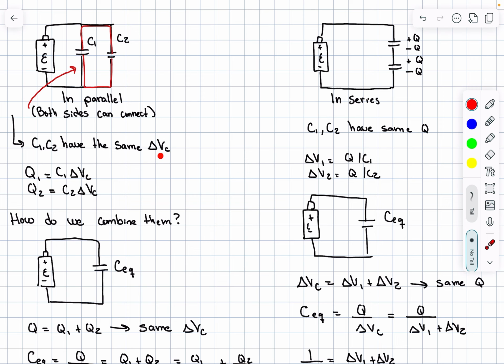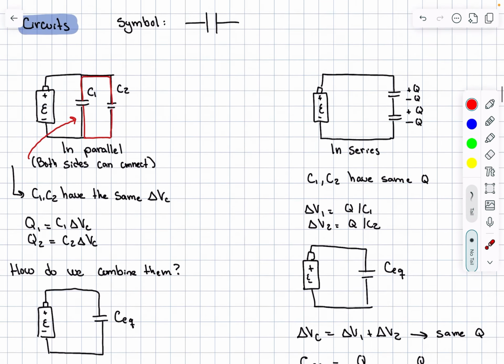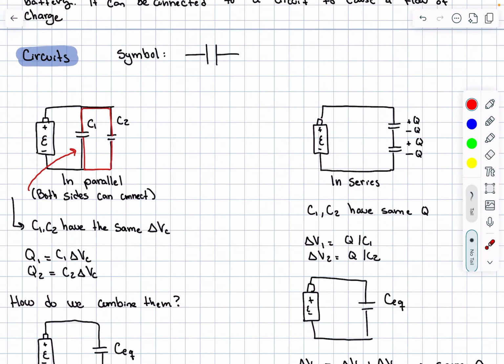but what's also important is to understand that they have the same delta VC as well. Now the situation is a little bit different when we have our capacitors connected in series. So here, like I was saying, to connect the two ends of these capacitors, you have to go through the battery, and that means that they're in series. So when they're in series, they don't have the same potential difference.